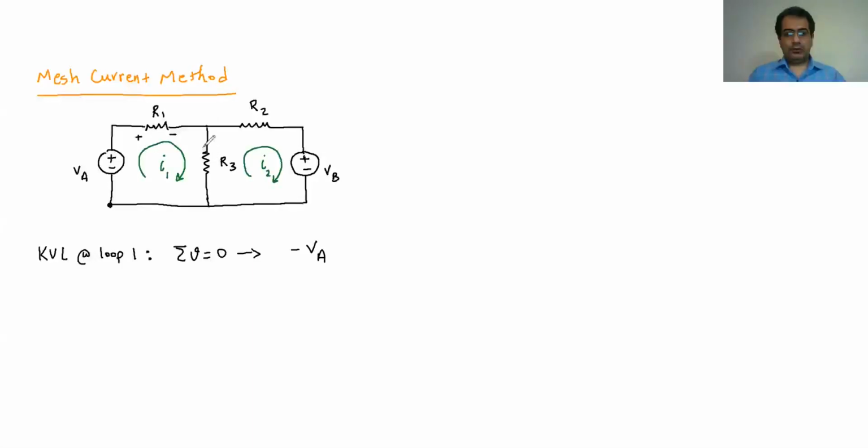The same here, it goes from positive to negative. If the current goes this way, the first one should be positive, the second one negative. Again, this first one positive, second one negative. So then the voltage in this one.